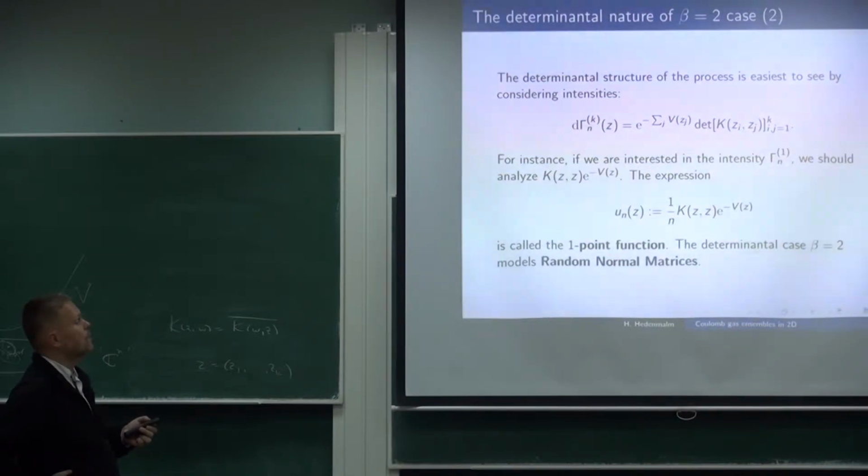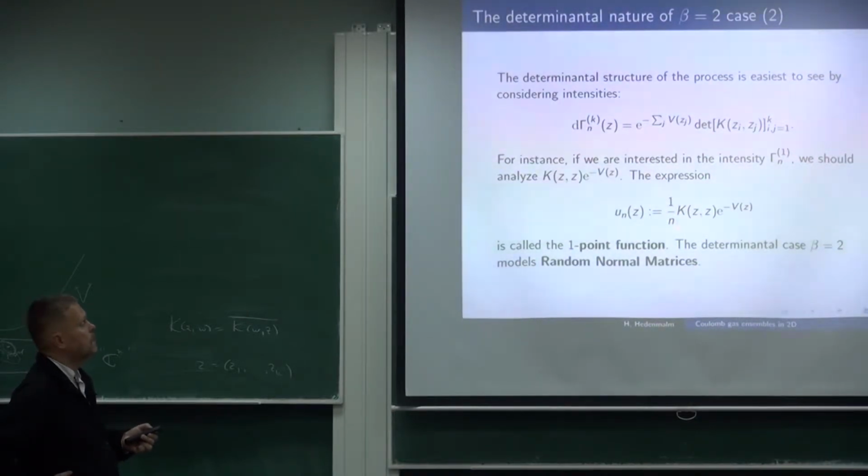Just take the value on the diagonal in this case, and you multiply by this exponential expression, and you obtain just this: the kernel on the diagonal times the exponential of minus the potential. And then this particular expression has a name, it's called the one-point function.